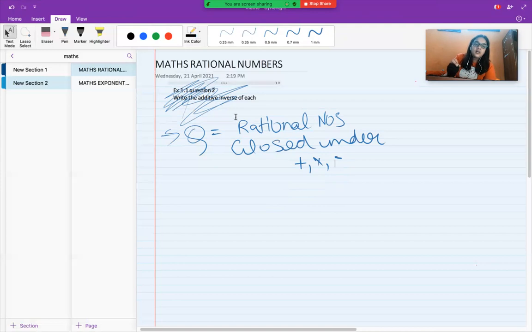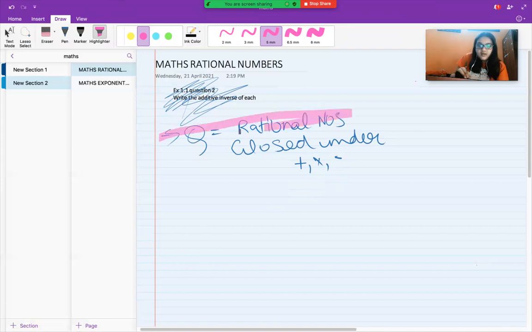I'm taking the highlighter in color, and I'll just highlight all of this. So rational numbers are closed under addition, subtraction, and multiplication.